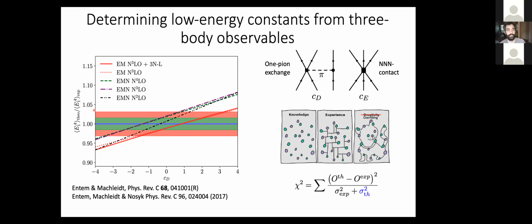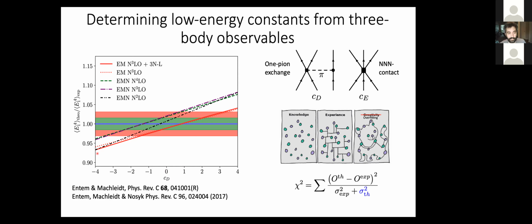To put this more into a picture, I'm showing here the expectation value for the Triton half-life, theoretical over experimental, with varying CD. So these are different theoretical calculations for different CD. The thin blue line is the experimental error in the Triton half-life.